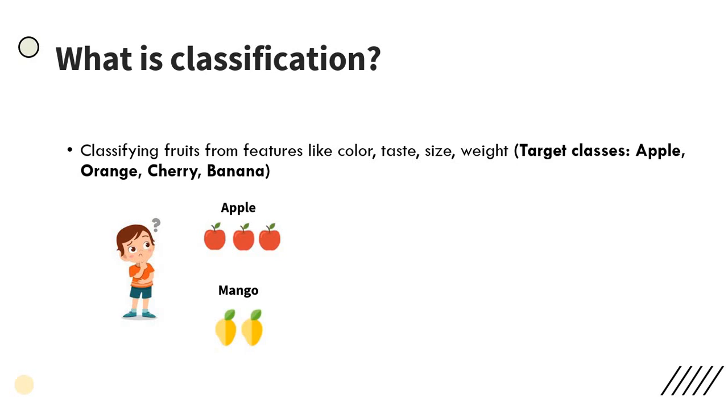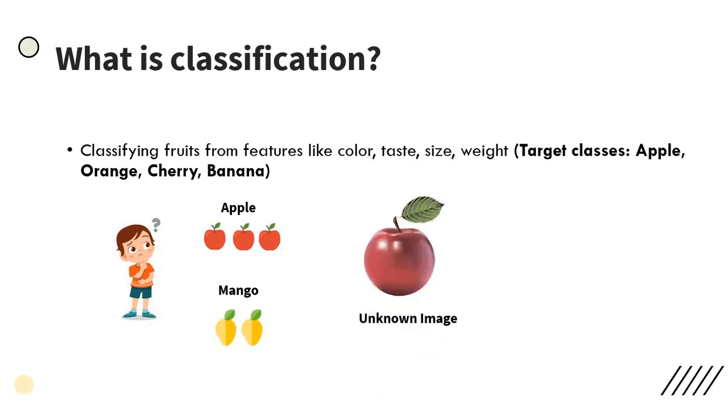Now the person is able to identify that if the fruit is red and its shape is like a circle, then it is an apple. And if the color is yellow and its shape is oval, then it is a mango.